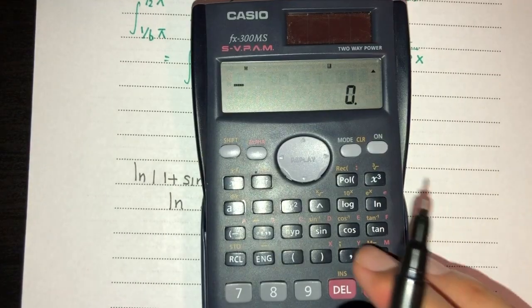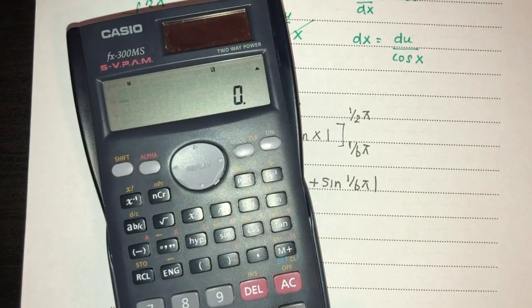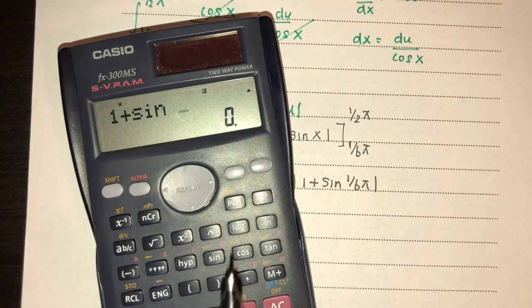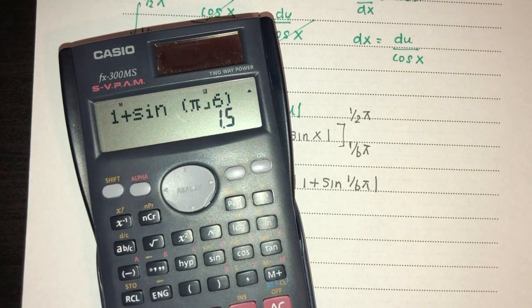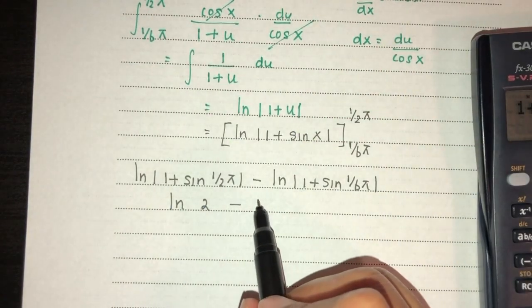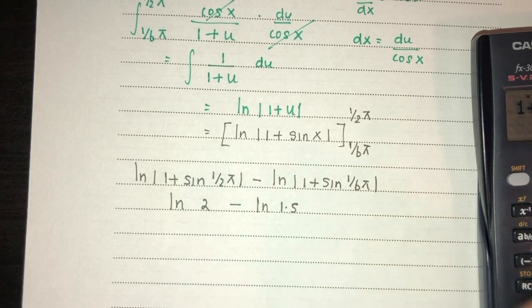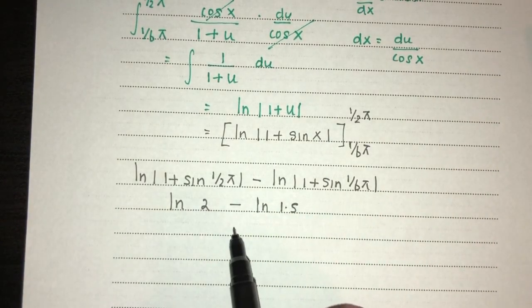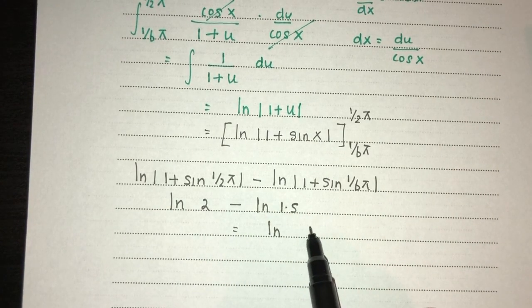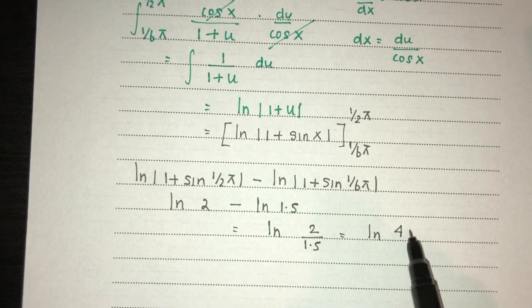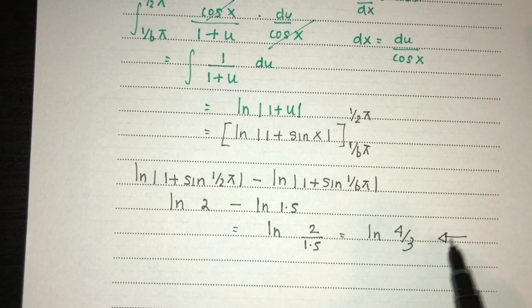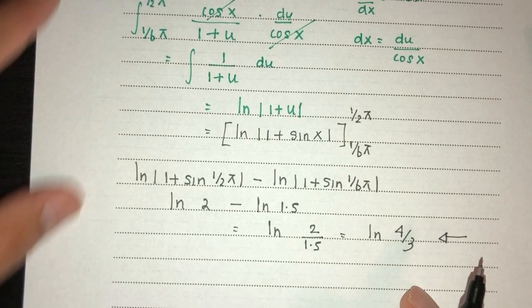Minus, we have 1 plus sine of pi over 6, that should be 1.5. So since you have minus, you have to simplify. It becomes ln of 2 divided by 1.5, which is ln of 4 over 3. And that is your answer for part B of that question.